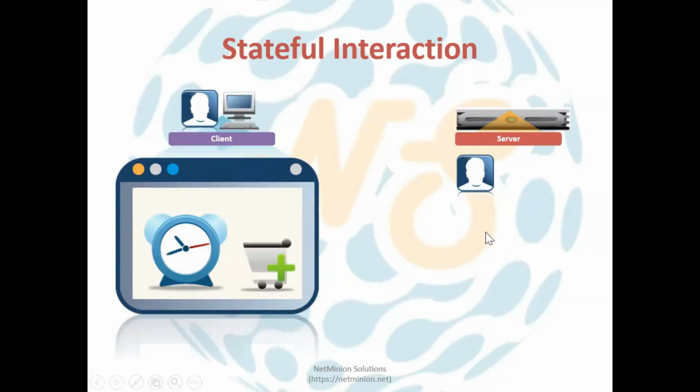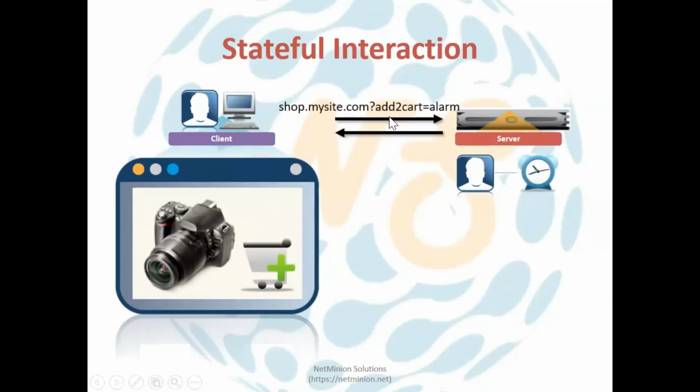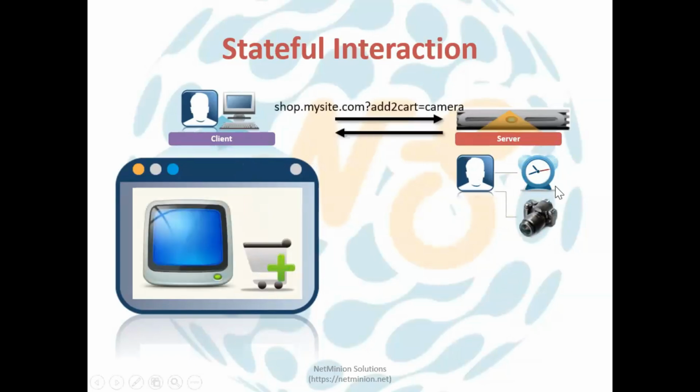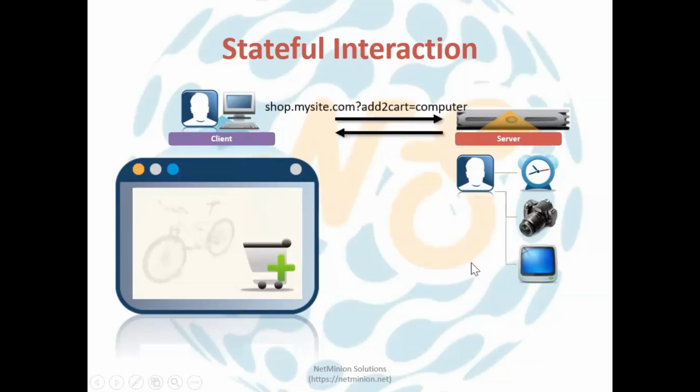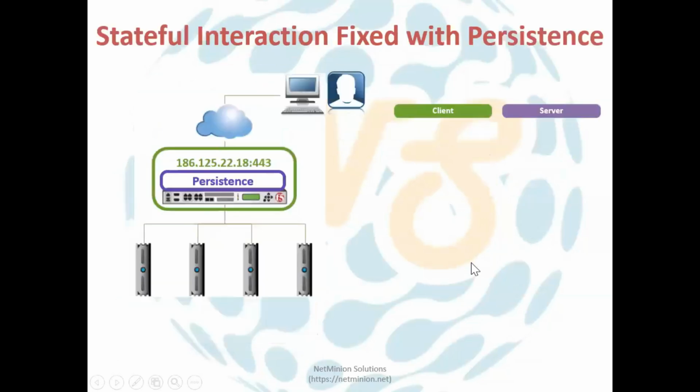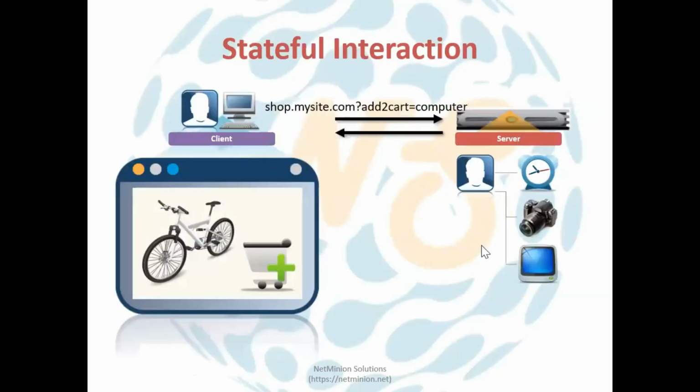Then the user came for something and added an item. That item is now on the website. The user is watching something else and adds this also, and your server will know that the user has selected 2 things. Similarly 3 things, similarly 4 things.